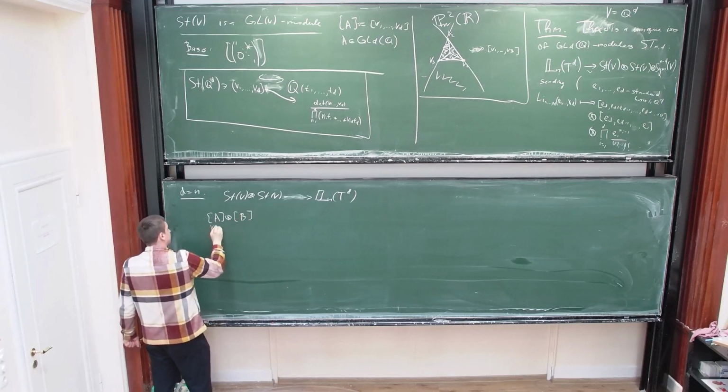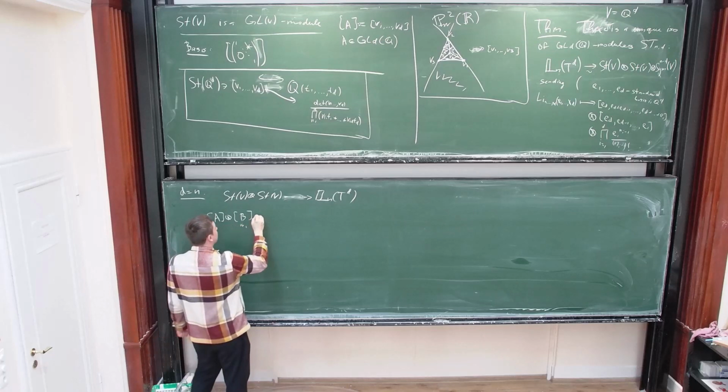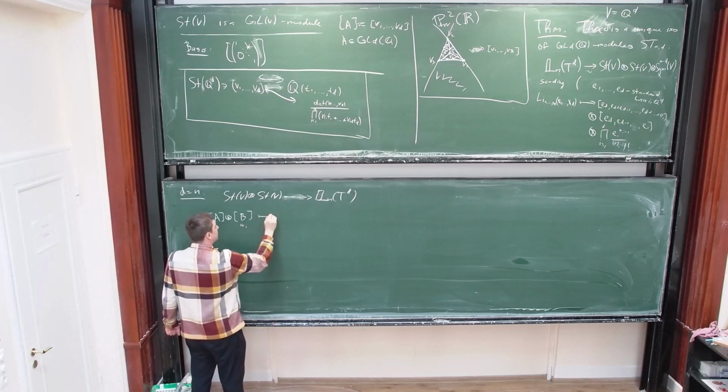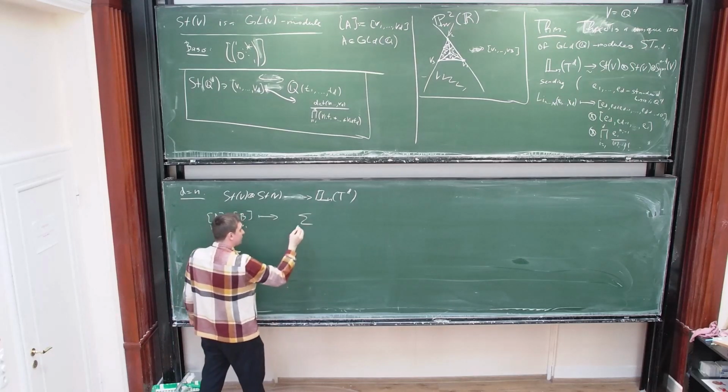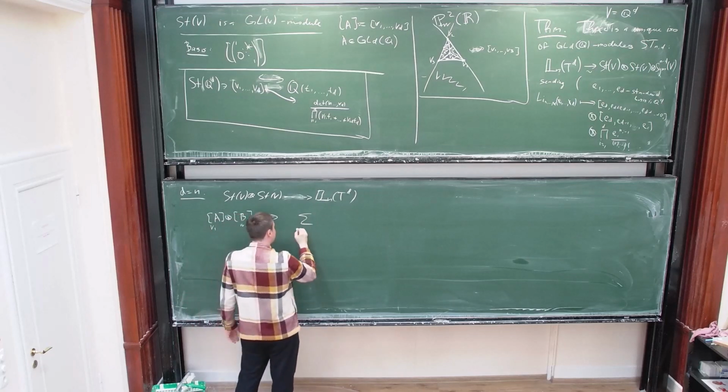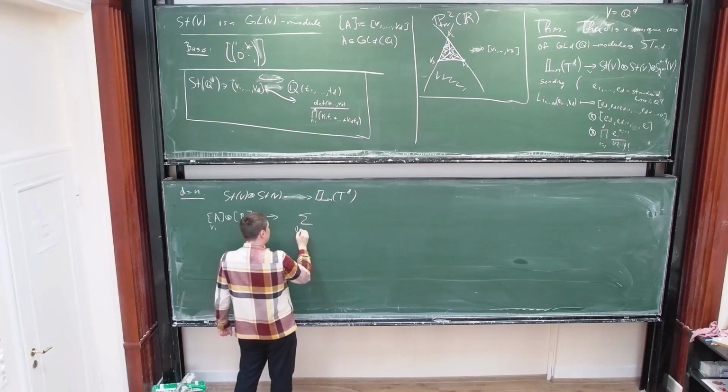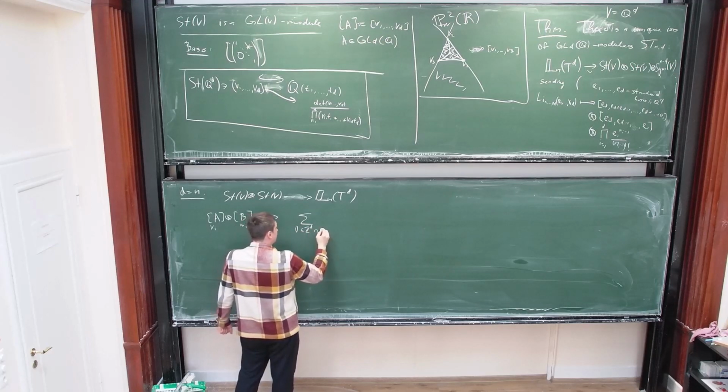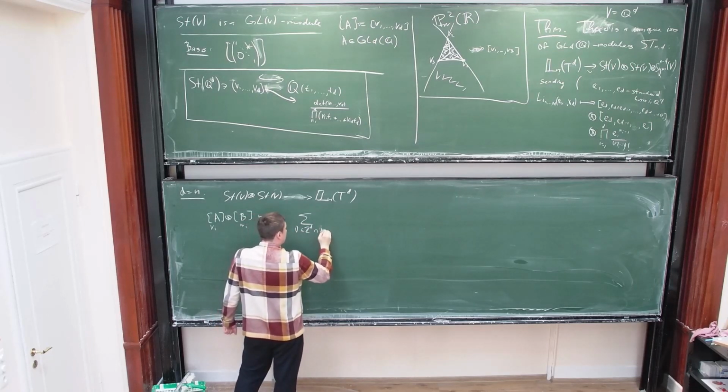So these are like the v_i's and w_i's. And you map it to a function on the torus, which is defined by a sum over a cone. So you take all integer points mu intersected with the cone A times the positive orthant.